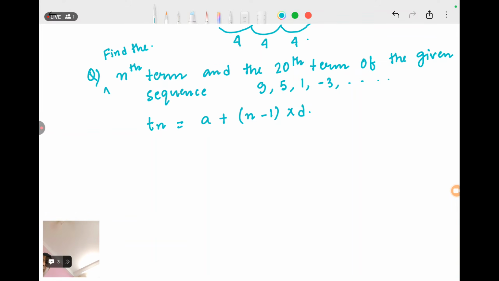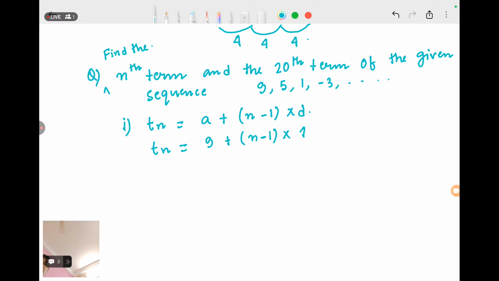Now Tn is equal to, the first term of this sequence is 9, plus n minus 1 into the common difference, which is the difference between the second term and the first term.